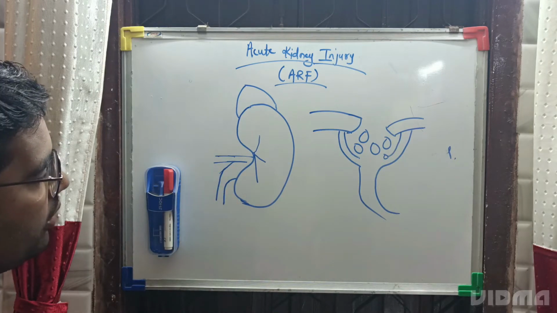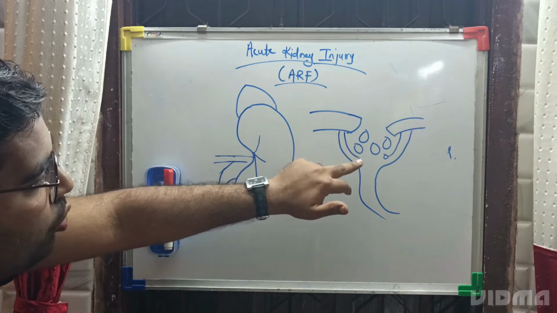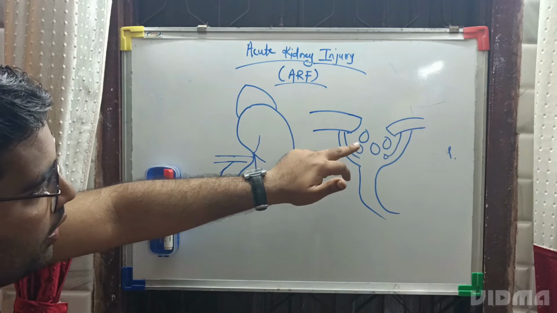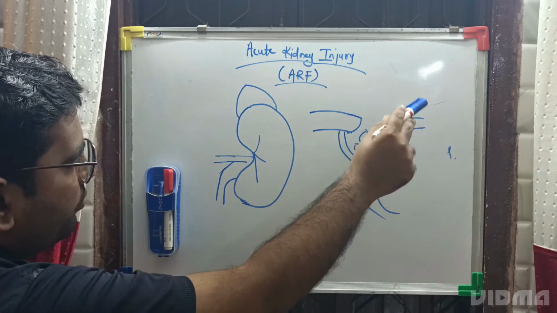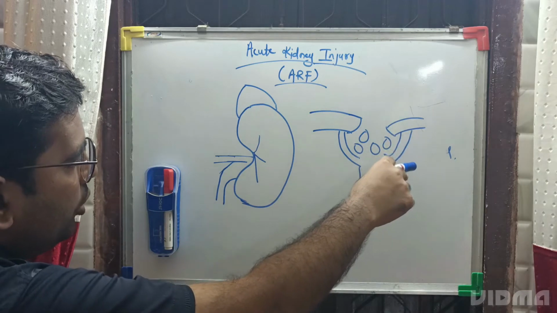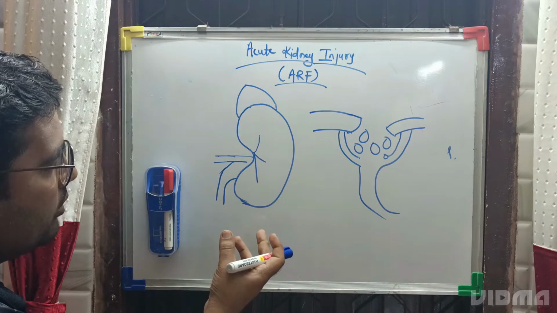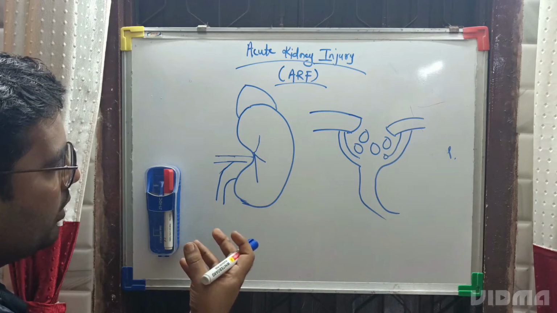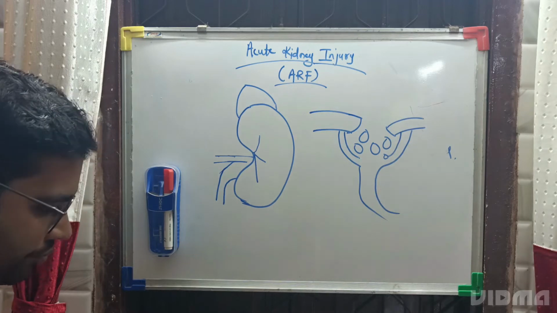So what the nephron does, through the afferent arteriole it passes to the glomerulus. This is the glomerulus and it is filtered. Further, tubular reabsorption occurs. Some of the important products are taken up by the tubules and the end product is the urine.